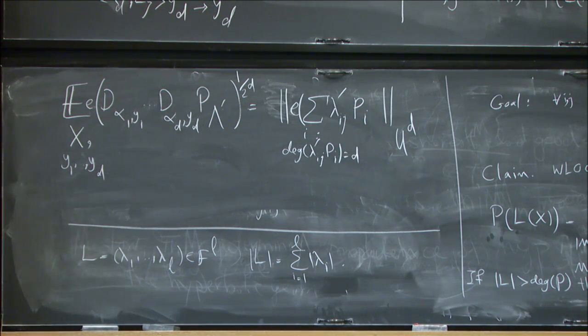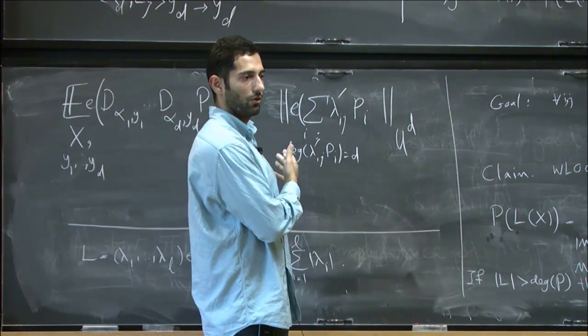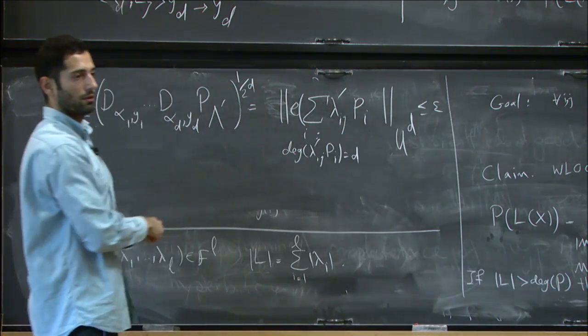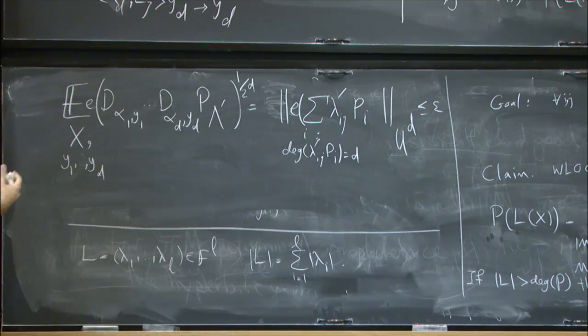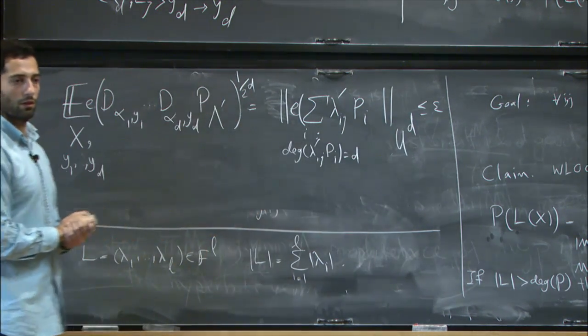Now this is where we actually pull out the uniformity, and we know that because this is a non-zero linear combination of my polynomials, not applied to any linear forms anymore, this is bounded by epsilon.